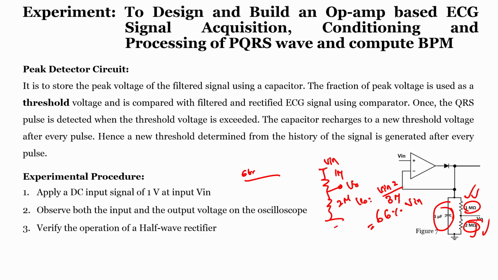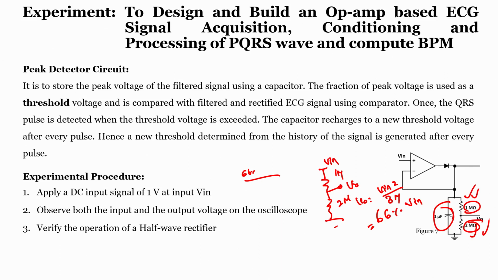Now, why are we choosing 1 mega and 2 mega resistance? Why not 1 kilo, 2 kilo, 100 ohms, 200 ohms? The reason is that the resistors should not load our input signal. When we choose a lower resistance value, the resistor requires some current to operate, so it creates a loading effect on our input signal.